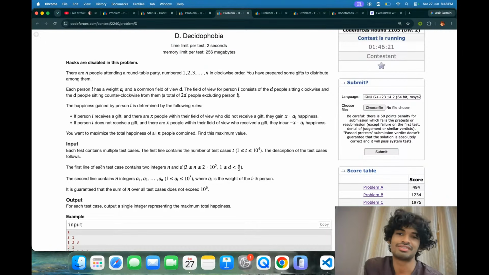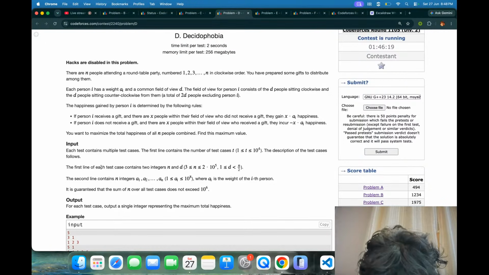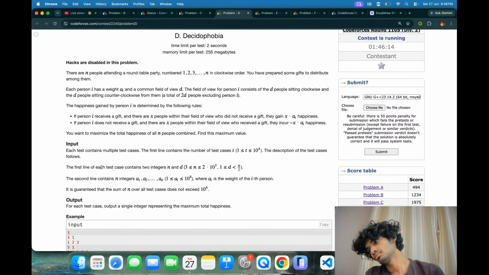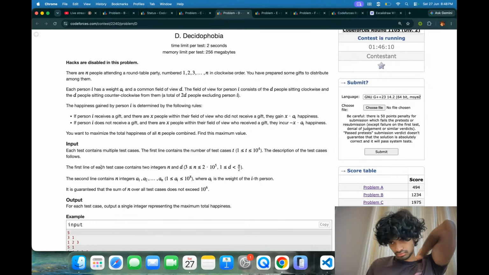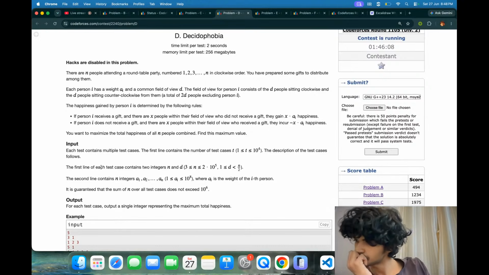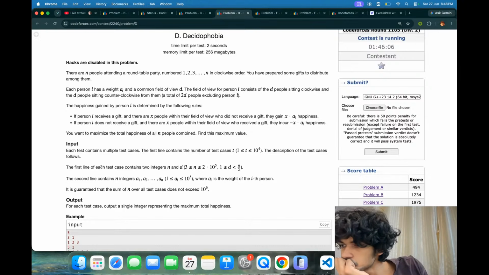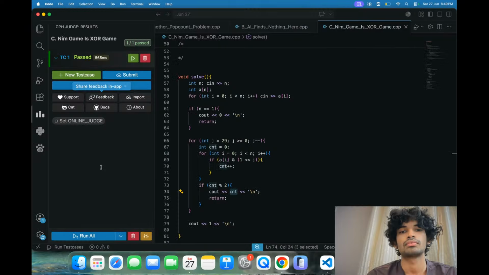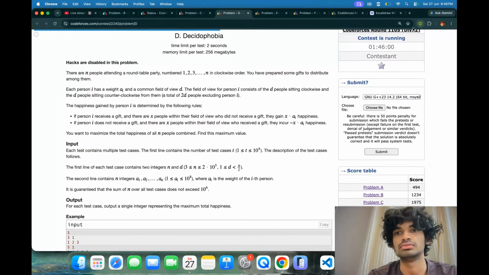Yeah, when all weights are equal, it is 0. Okay, if you keep few things as 1, what can you say then?